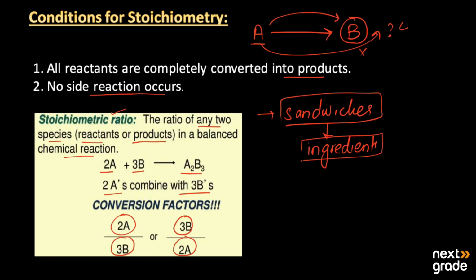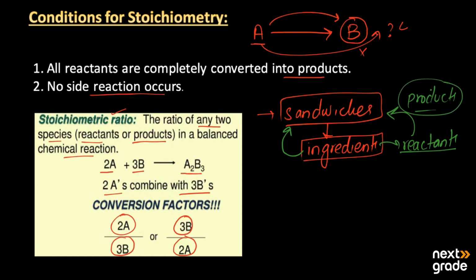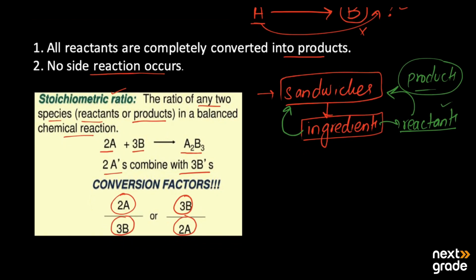These ingredients will basically be the reactants and the sandwich will be the product. In this way, different ingredients combine as reactants and form the product in the form of a sandwich. So this is basically stoichiometry, the relationship between reactants and products.